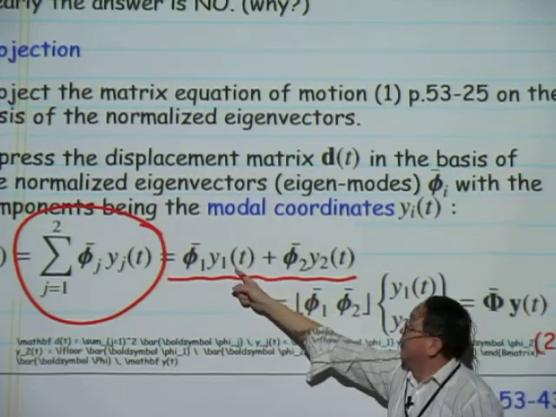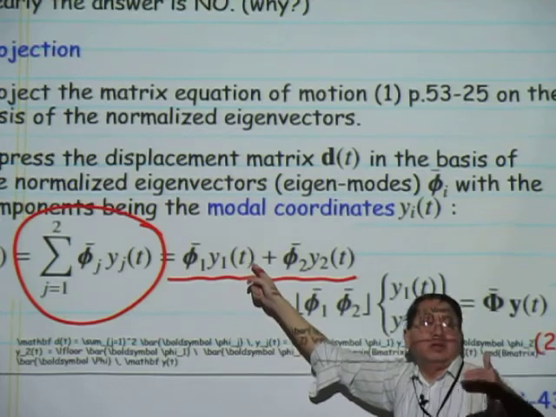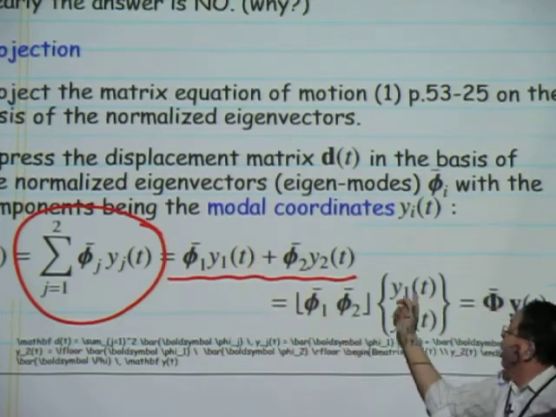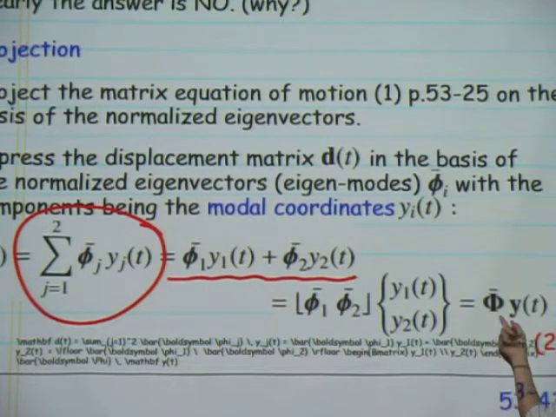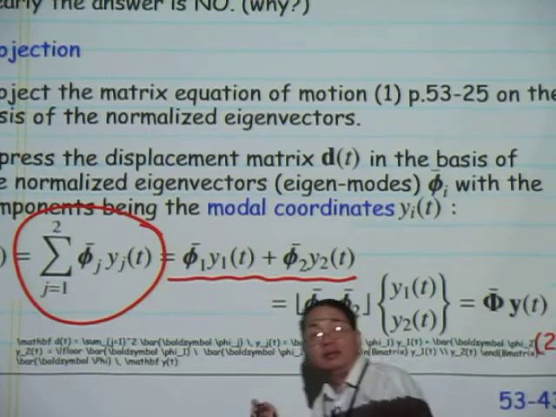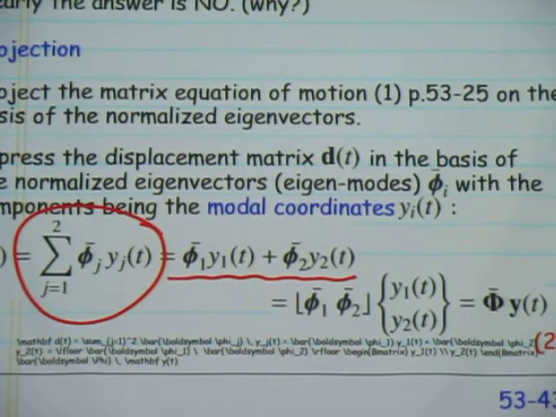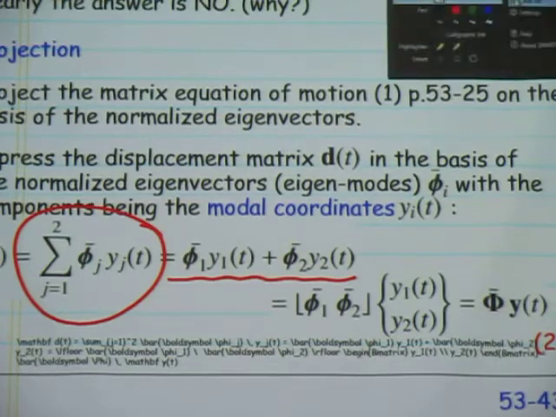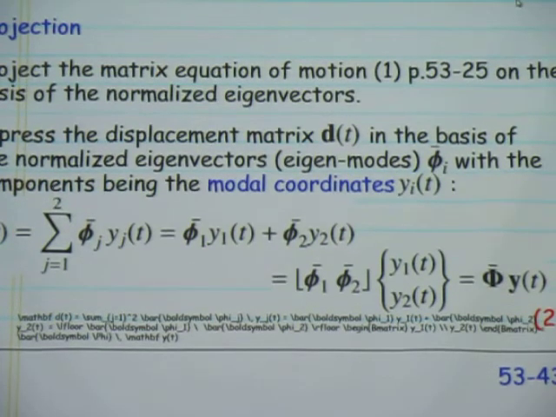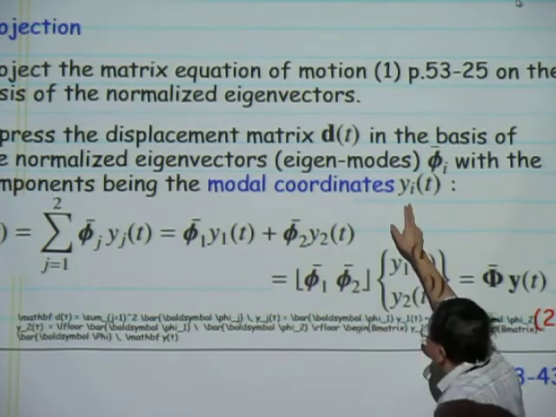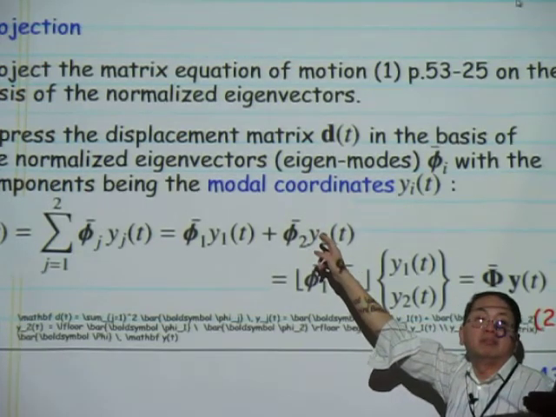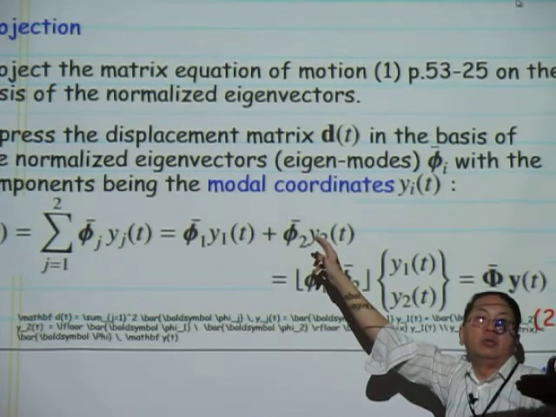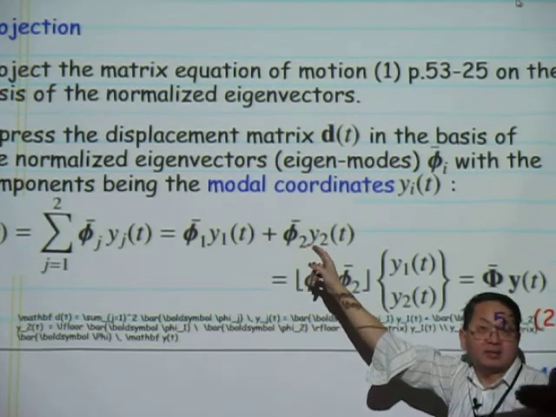And now you put the new coordinates, or the displacement in the new basis, y1 and y2, as a column matrix that you see, you can write nicely as the matrix cap phi bar times the matrix y. So very good. So this is very important, because this y sub I, meaning y1 and y2, has a name in vibration. It's called the modal coordinates. Okay. Meaning coordinates of the displacement with respect to the normalized eigenvectors.